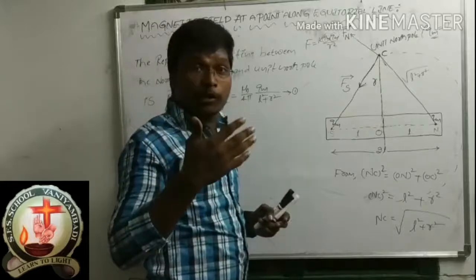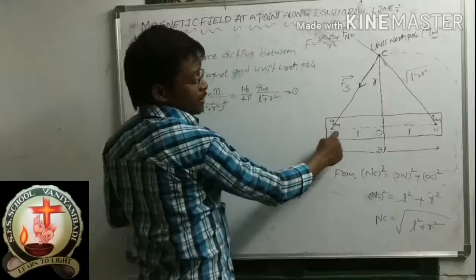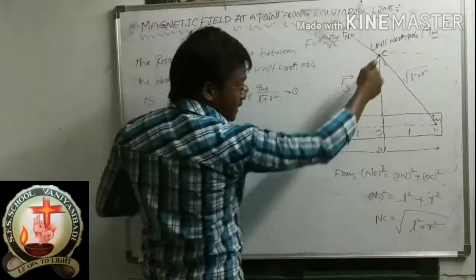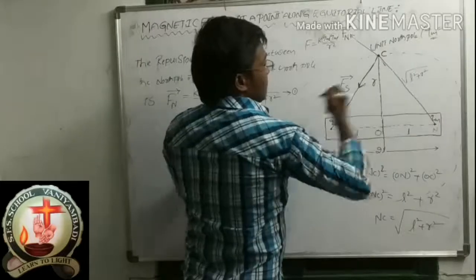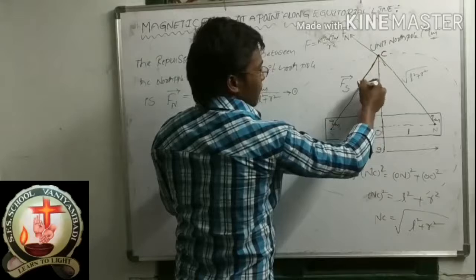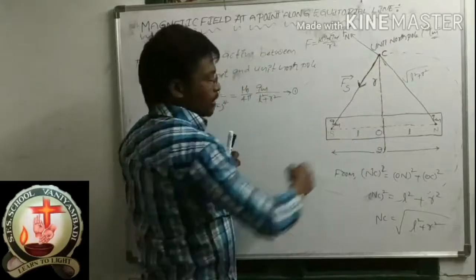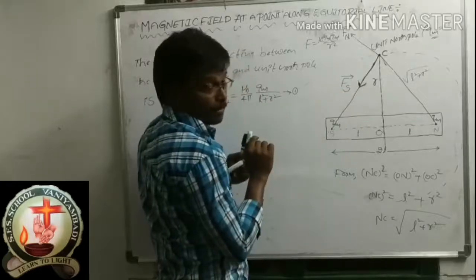Always south pole and north pole will attract. So this south pole of this magnet will attract this unit north pole. This will be attracting in this direction. Okay, it is attracting. How much? Fs.